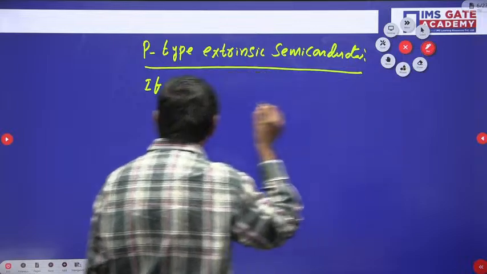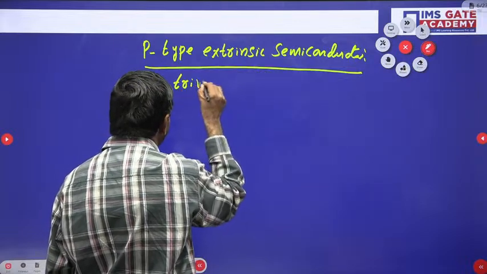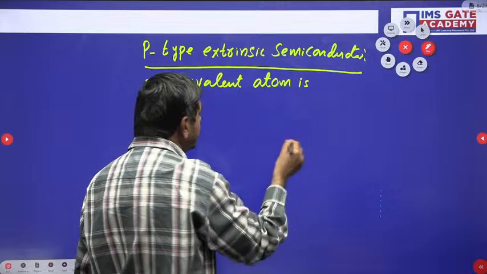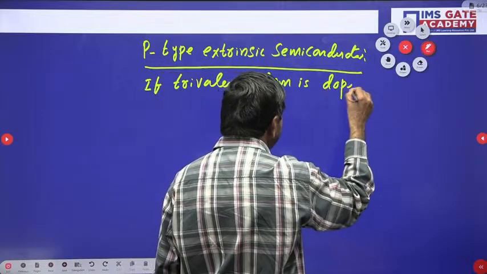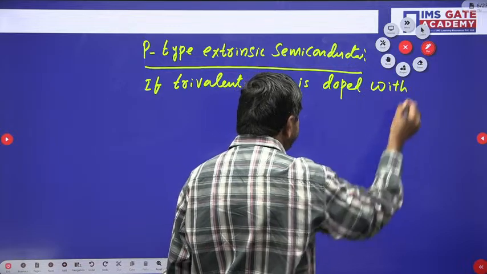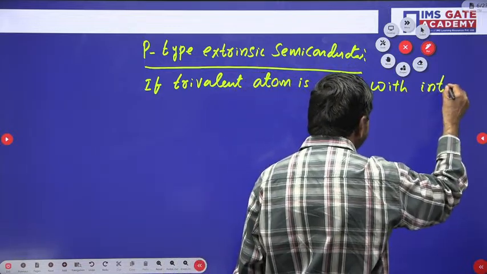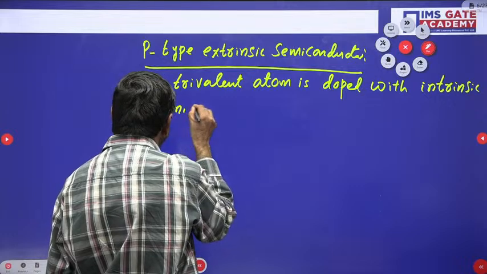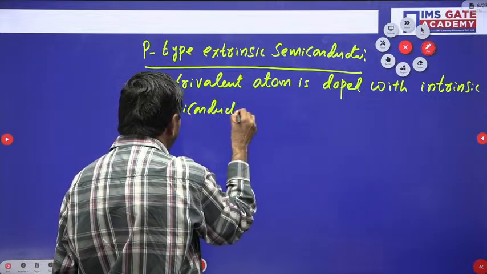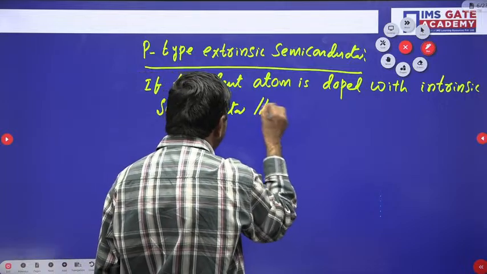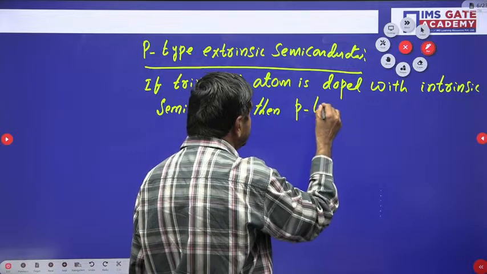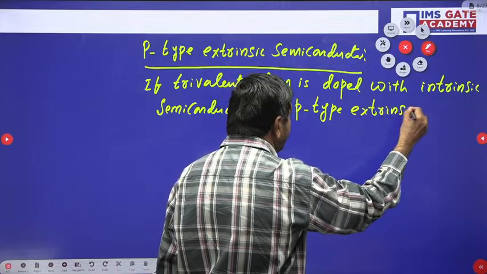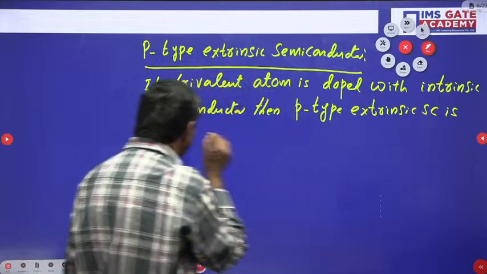If a trivalent atom is doped with an intrinsic semiconductor, and intrinsic means a pure semiconductor, then a p-type extrinsic semiconductor is formed.